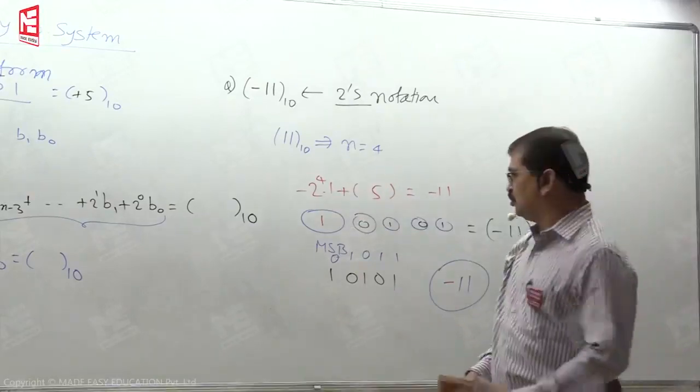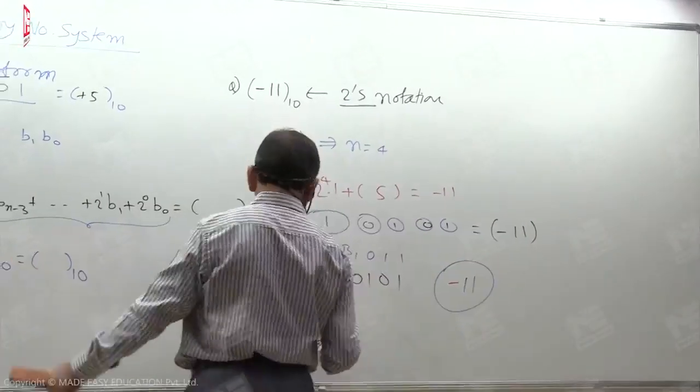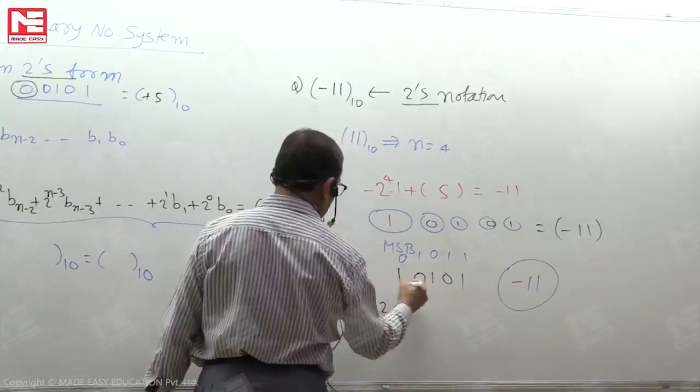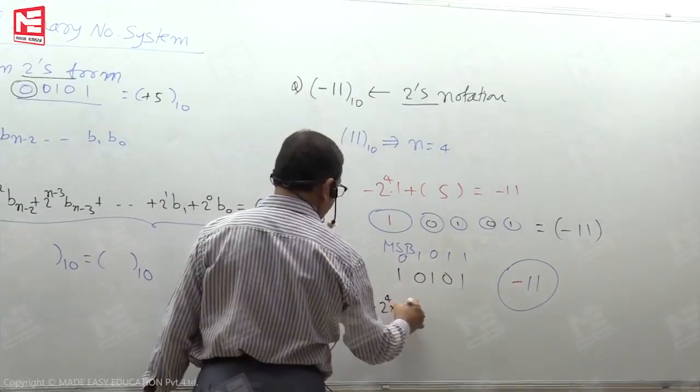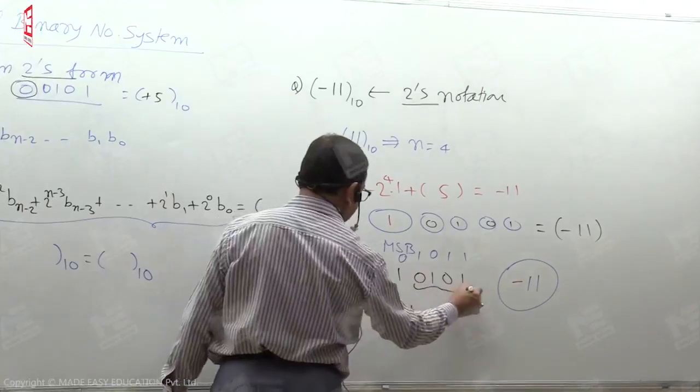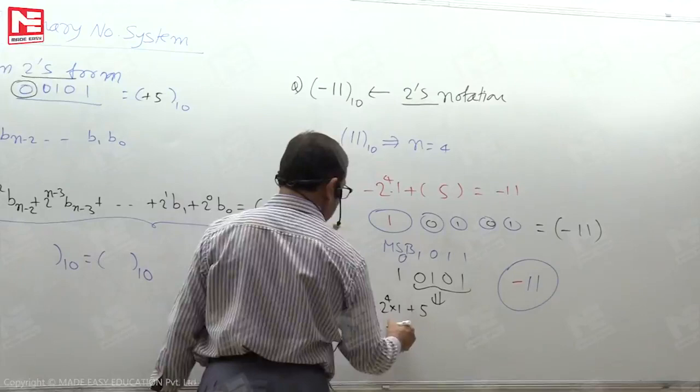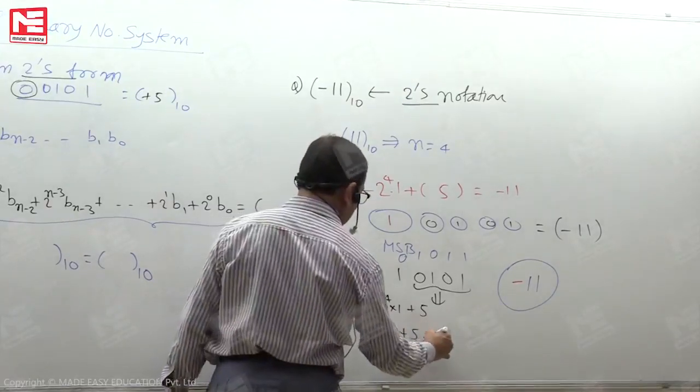Or if we use the other method: minus 2 to the power of 4 into 1, the MSB, plus the magnitude of the remaining bits, plus 5. Of course, minus 16 plus 5 is minus 11.